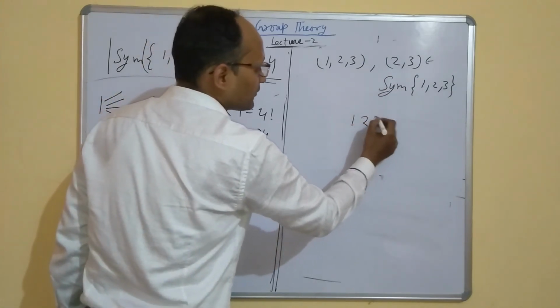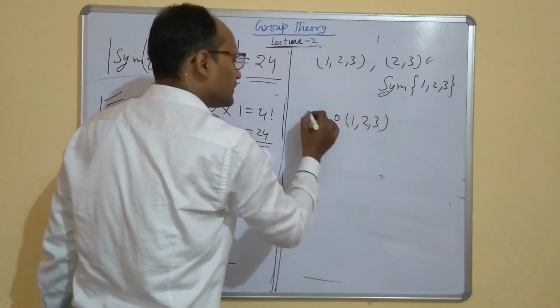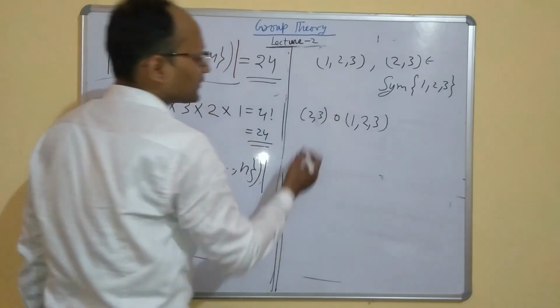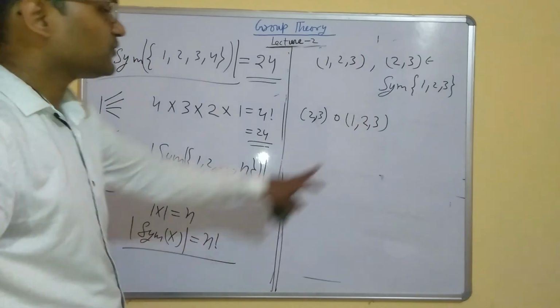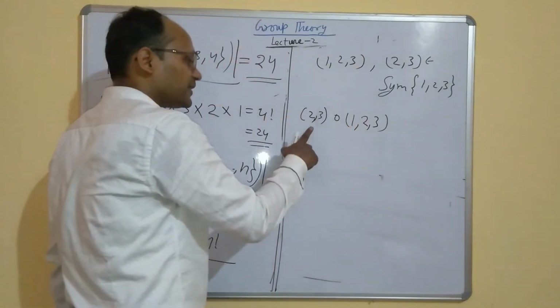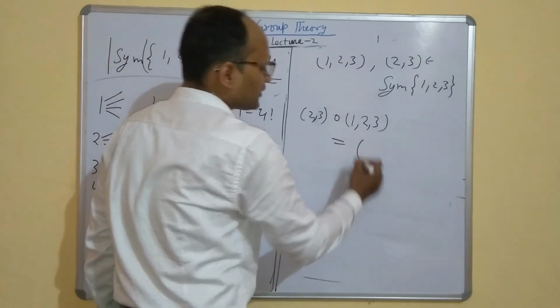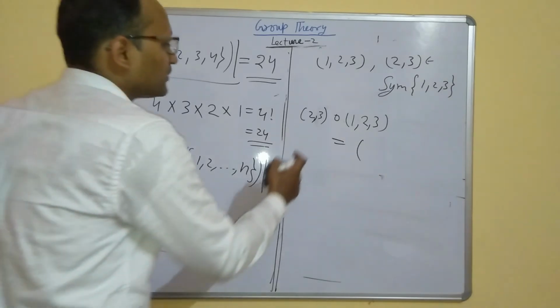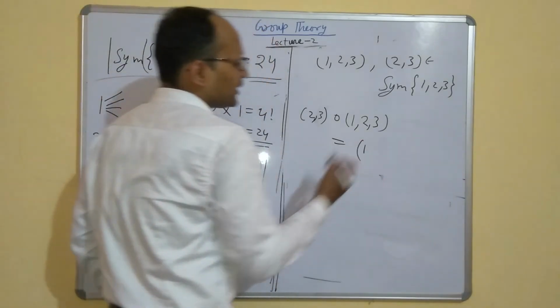So suppose I take (1 2 3) and compose with (2 3). Then what does it mean? This is one map, this is another map. So I will apply first this map and then this map. So we will see where the images of 1, 2, 3 are going, and then we can determine the composition.